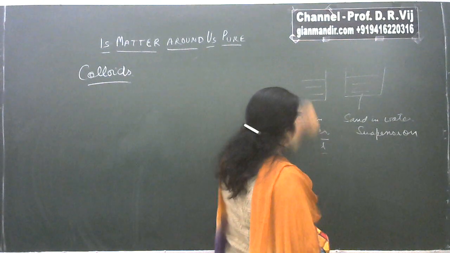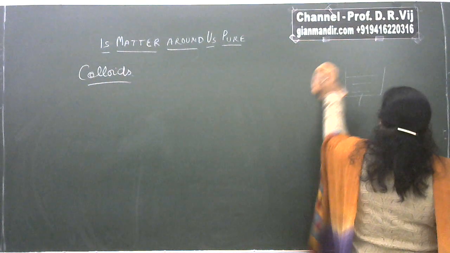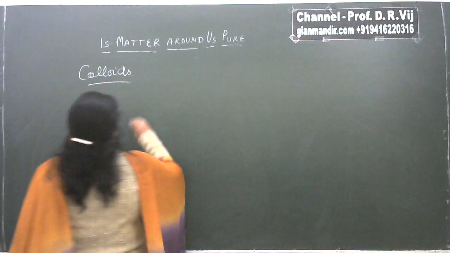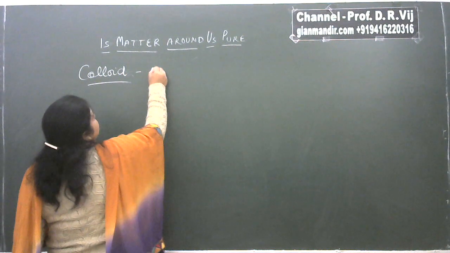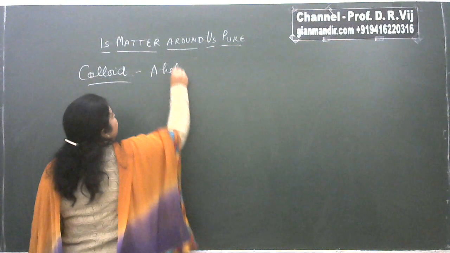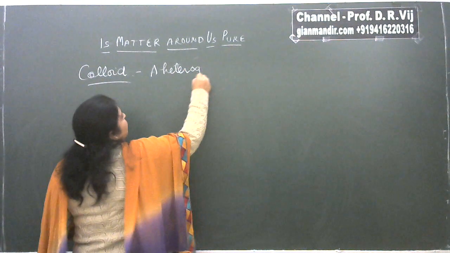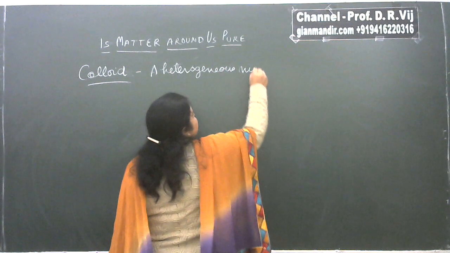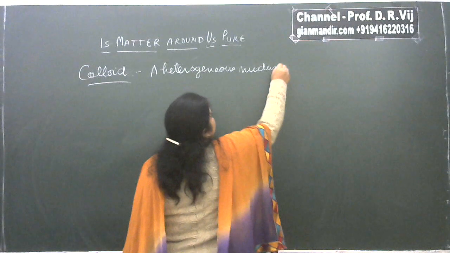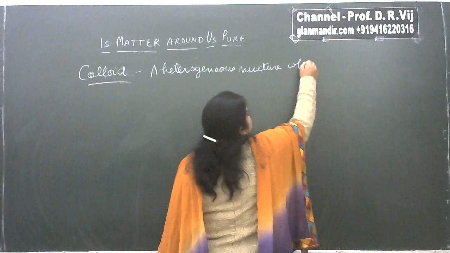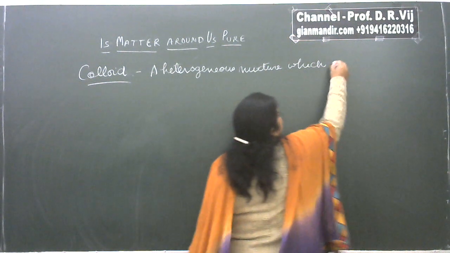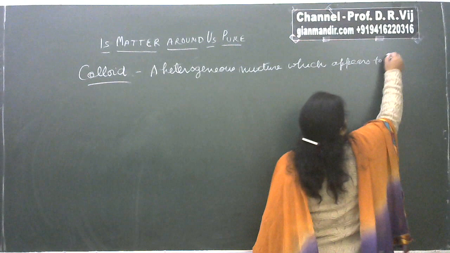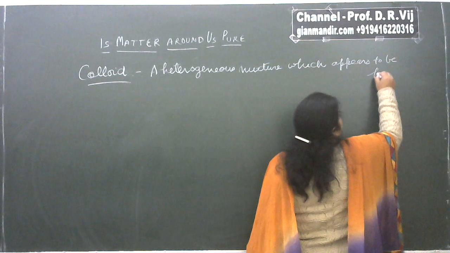So what is a colloid? If we define the colloid, colloid you can say is a heterogeneous mixture which appears to be homogeneous.